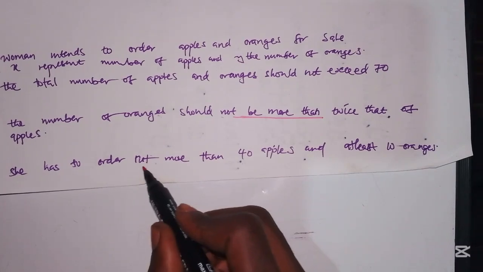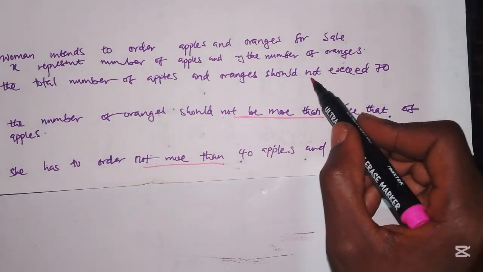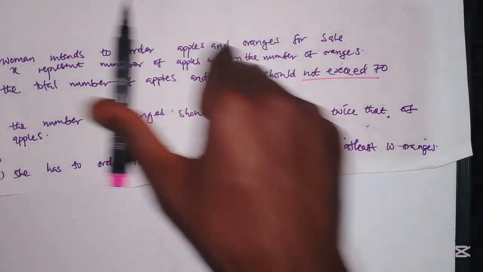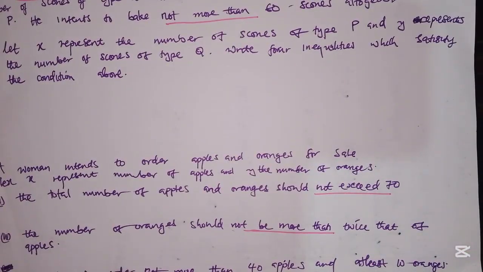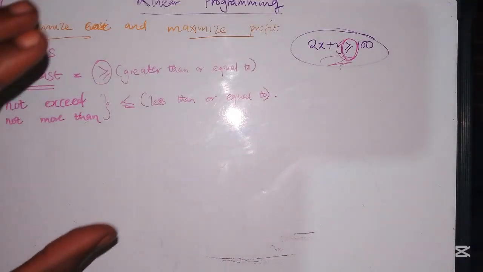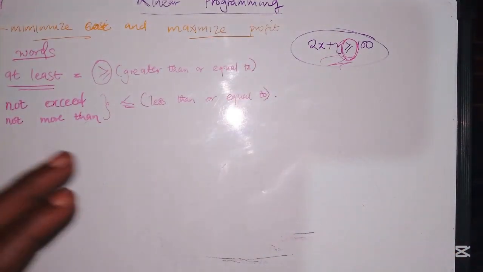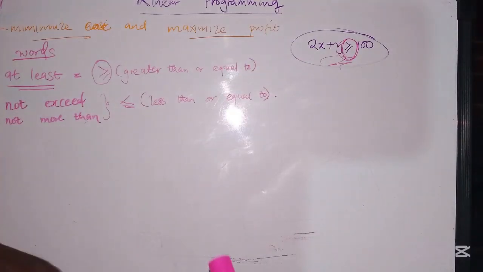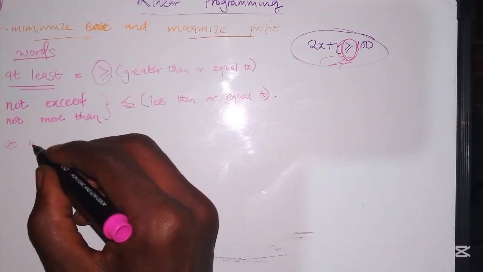Again, we have not more than, and should not exceed. So this is what I'm telling you. So whenever you understand these words I'm telling you here, you will never go wrong on any linear programming question. So the last word which you need to know is at most.